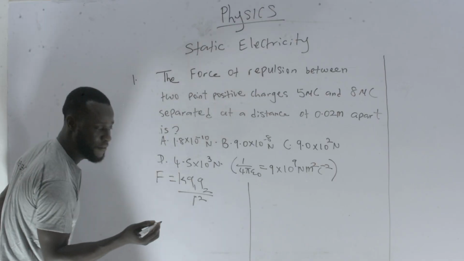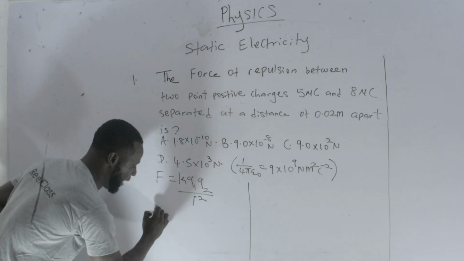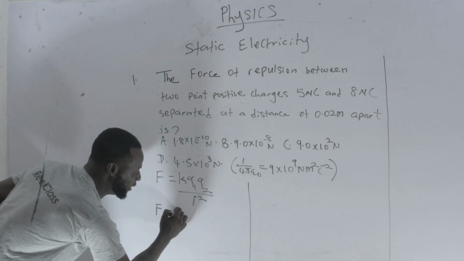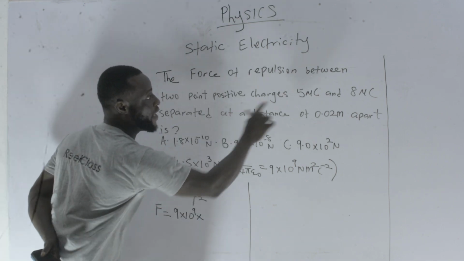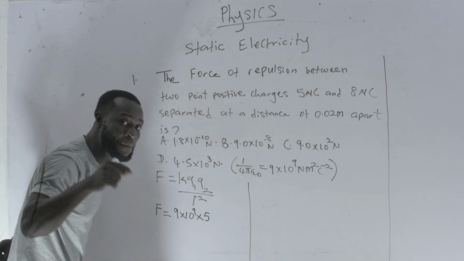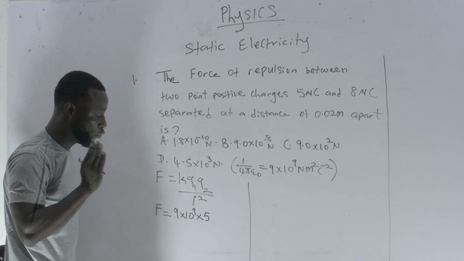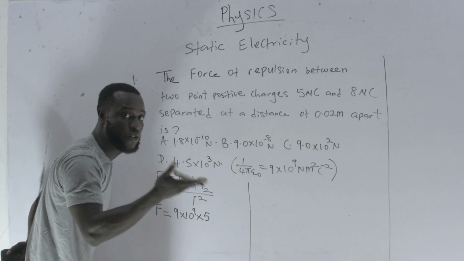I can now put in my values. I can then say F is equals to 9 times 10 raised power 9 times the first charge, 5 microcoulomb. Remember, it is in microcoulomb, so I need to convert it to coulomb. How will I convert it to coulomb? By multiplying by 10 raised power minus 6.